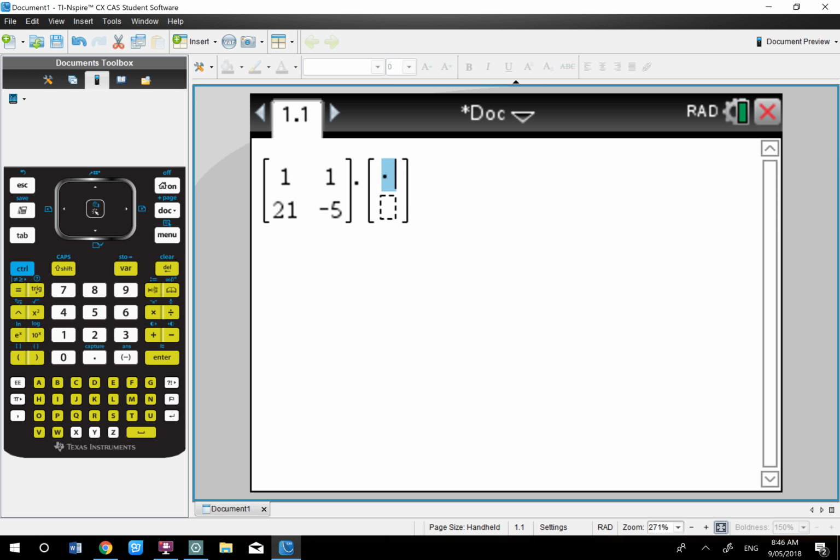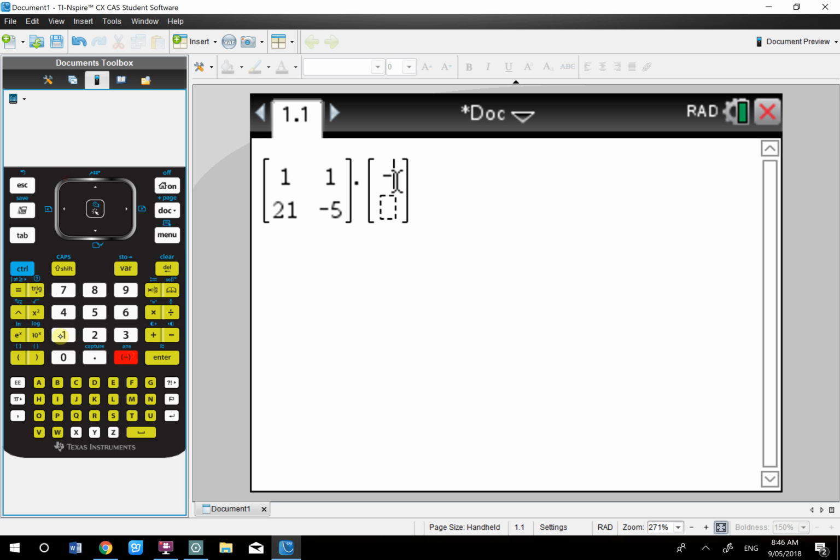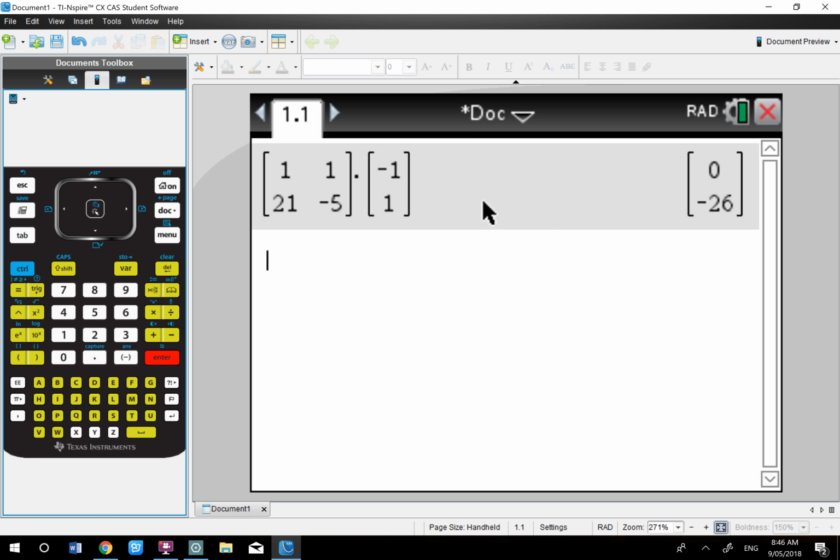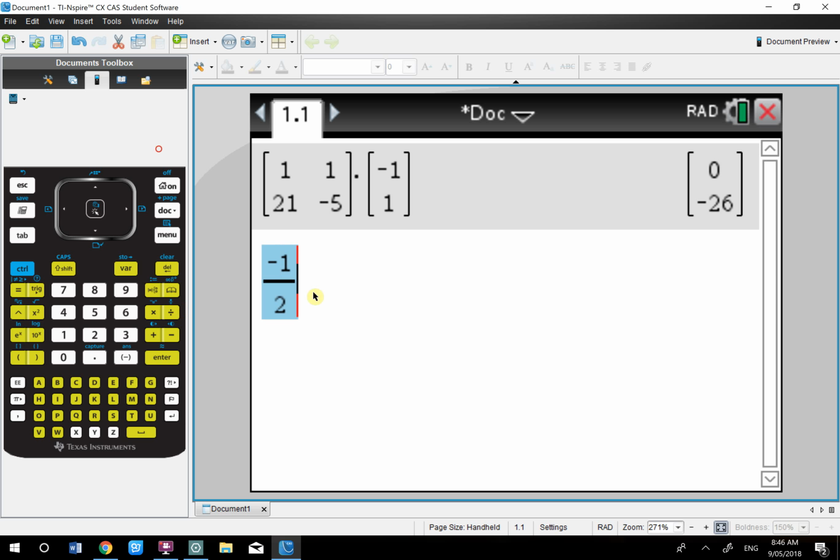Okay, that's working. Times by negative 1 and 1. It's just like number calculation. You just need to find the template and enter exactly the same thing. And we have 0, negative 26, and we can multiply the negative half in, and you can do that by yourself. Or you can also do negative 1 over 2. If you really don't want to do calculations, I hope you're not like that, but we can do that.